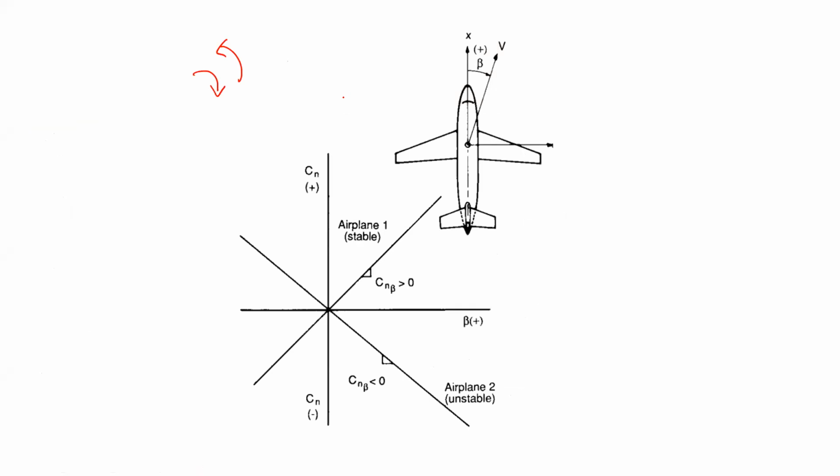So if I look at this airplane from the top, I can't see roll. I can only see yaw. So which way is it going to yaw? One case is that it rotates like this, case 1, and the other case is that it rotates like this.